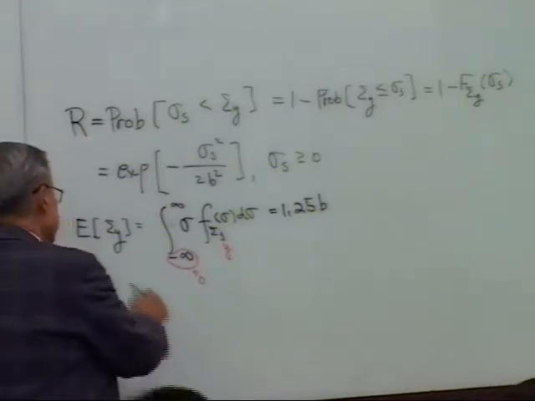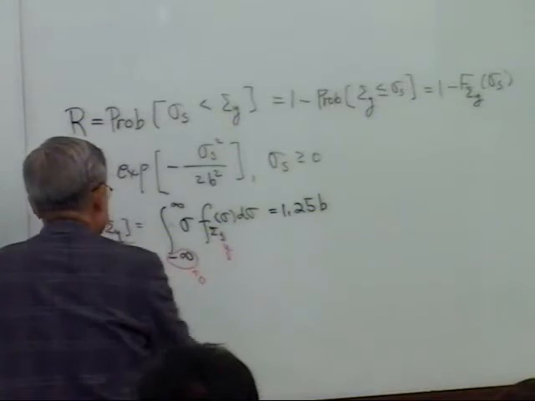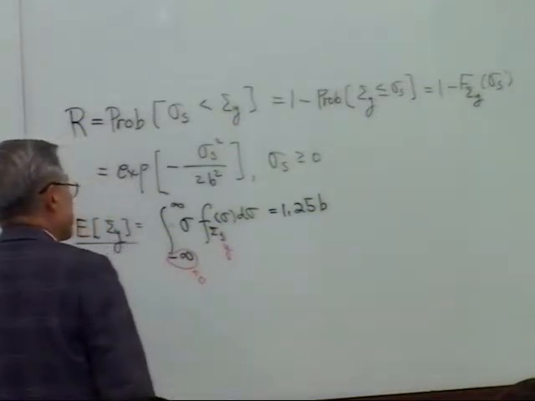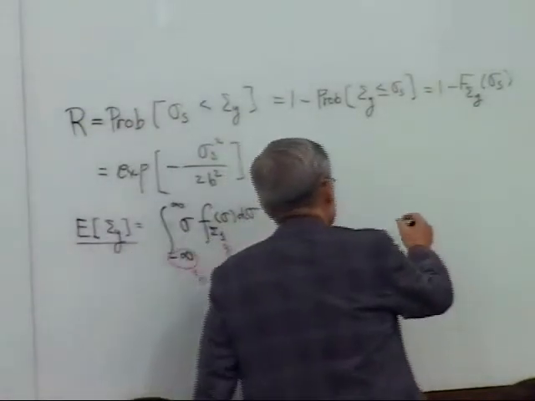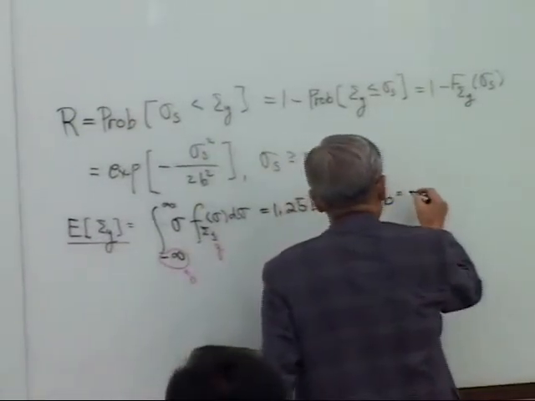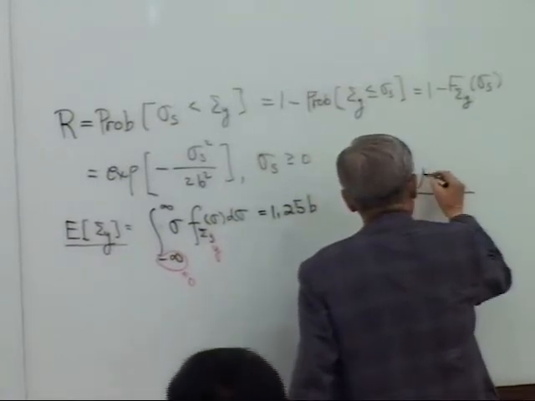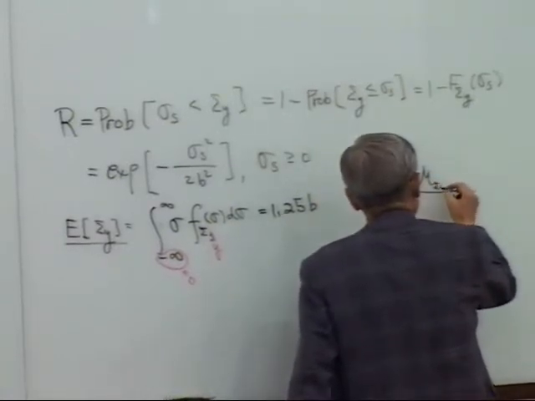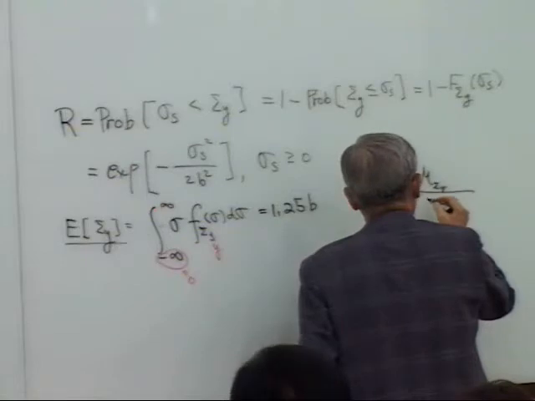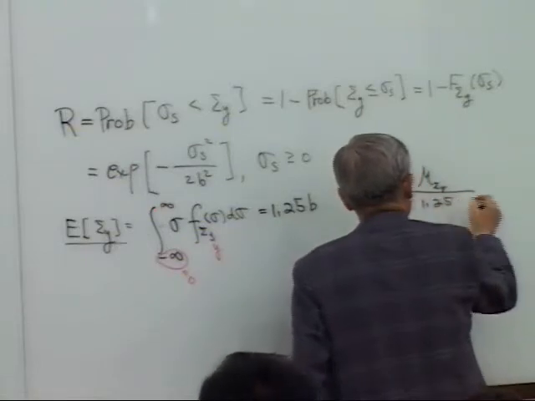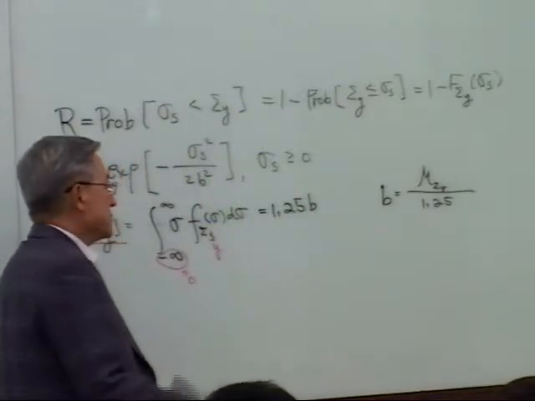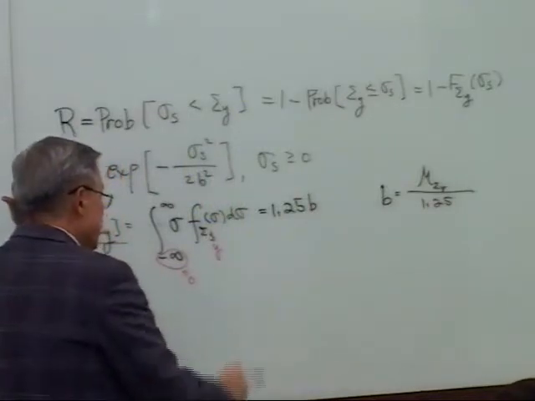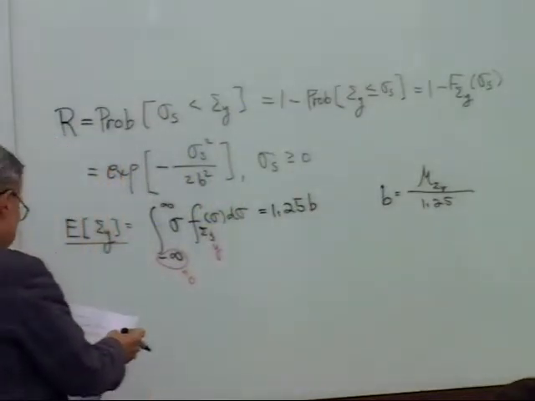So the mean value is equal to 1.25b. b is equal to the mean value of sigma y over 1.25. We use mu as the mean value.